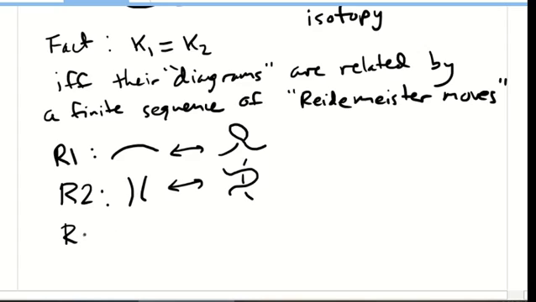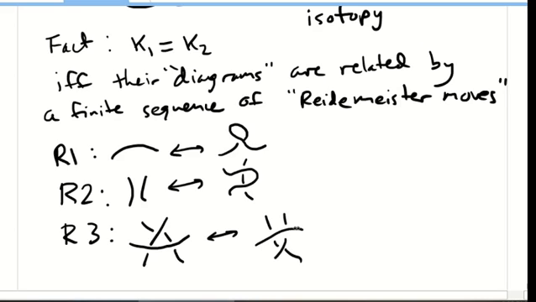And the last one is if I have a crossing and I have some other arc that goes over it, right? I can pull this piece way over the top of that crossing. Okay. All these things seem quite natural if you think of these things as ropes.